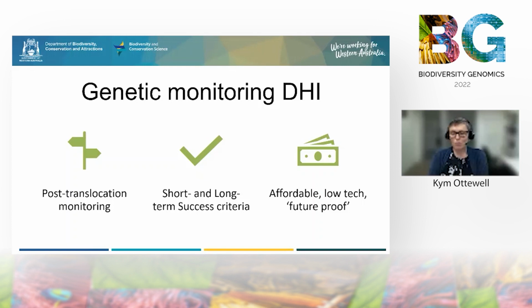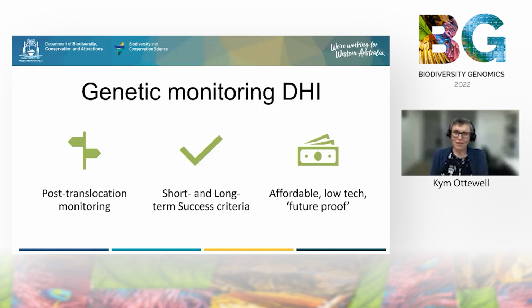For genetic monitoring, we want technologies to be stable so that we're consistently monitoring the same genetic markers over time, and we cannot really afford to switch as new methodologies come on board, which is something that is happening very rapidly in the genomics space.